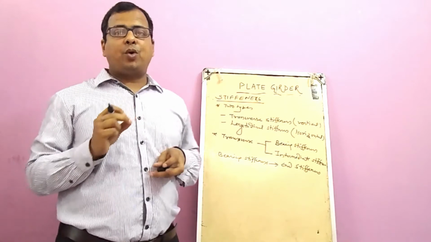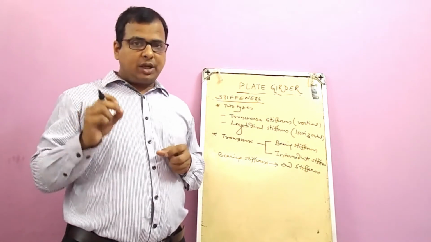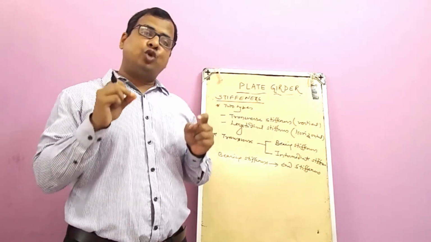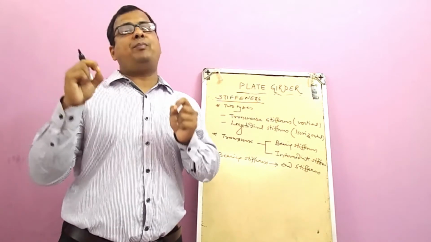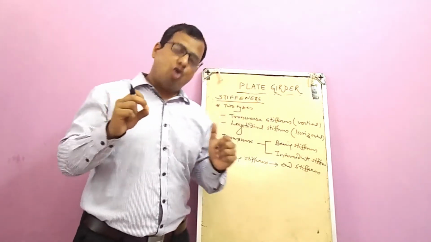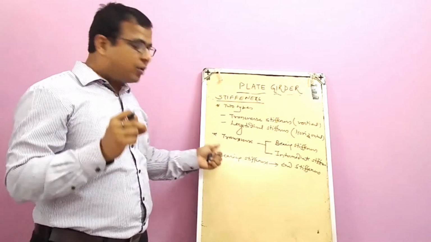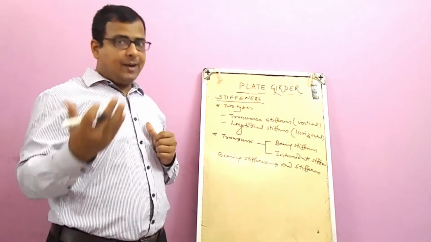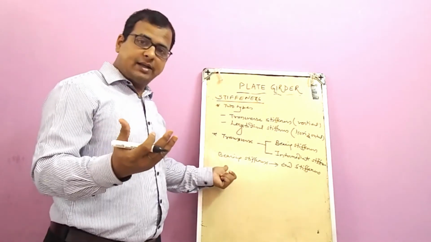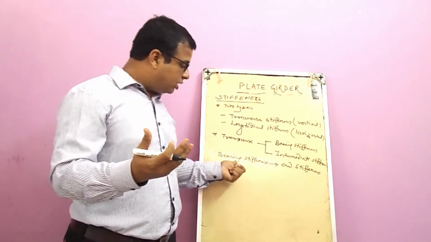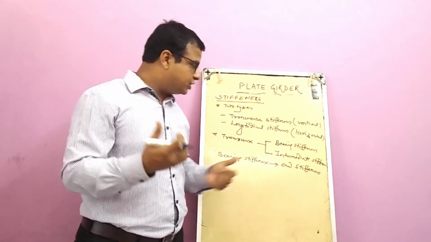At the support there will be the maximum shear stress and much more chance of buckling of the web plate. That's why we provide the stiffeners at the end or at the support. That type of stiffeners are called bearing stiffeners.